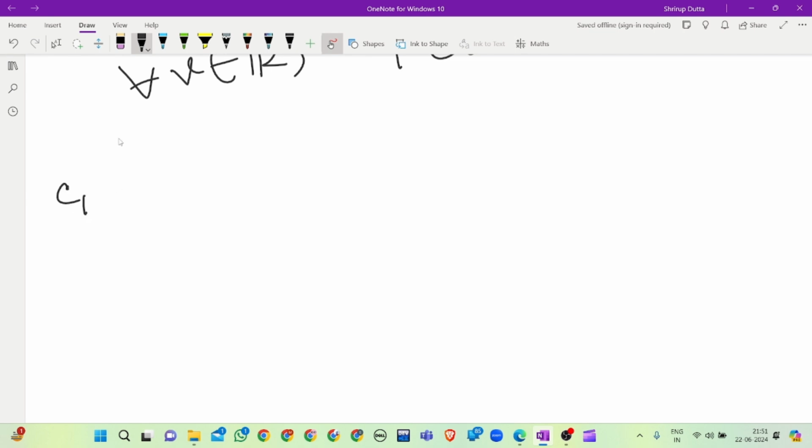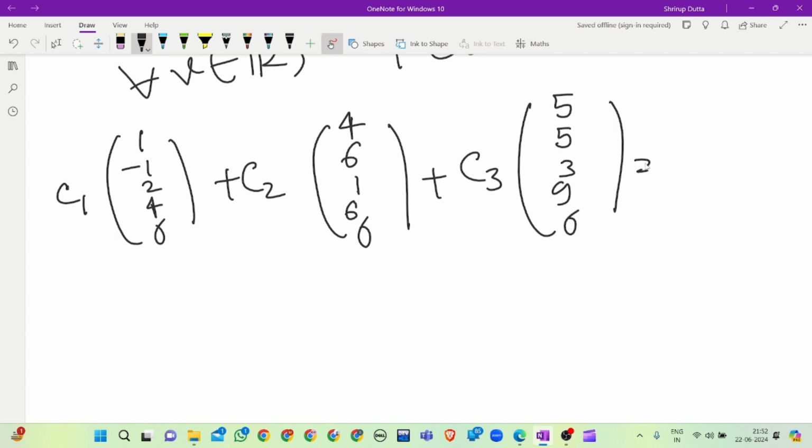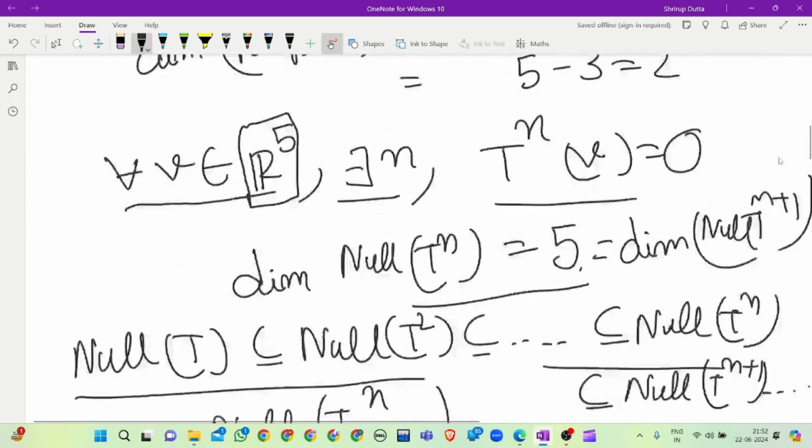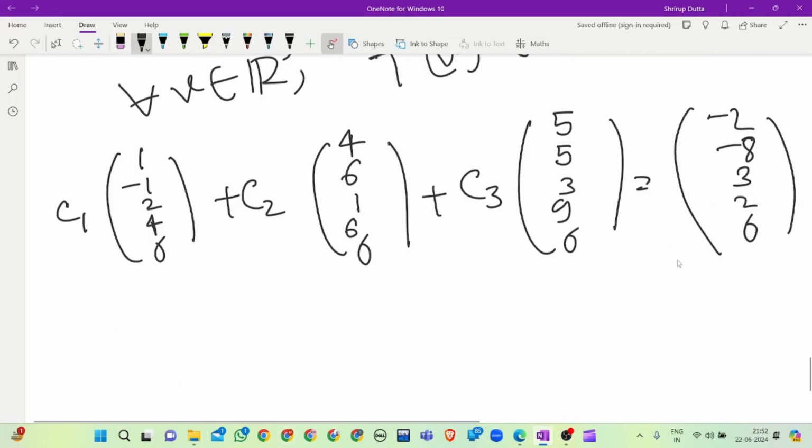So the span of the vectors C1 = 1, -1, 2, 4, 0 and C2 = 4, 6, 1, 6, 0 and C3 = 5, 5, 3, 9, 0 spans the null space of T. So these 3 vectors span the null space of T if that vector given, -2, -8, 3, 2, 0, belongs to the null space of T.